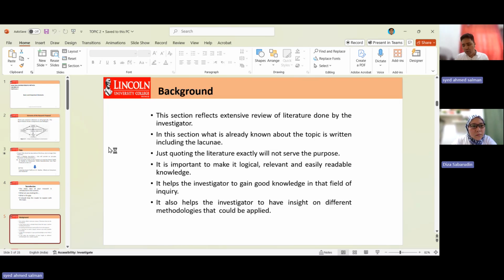So first you have to read a lot of articles, then only will you be able to write the first, second and third chapter. If you are not reading, you will not be able to develop the background of the study or the first or second chapter.